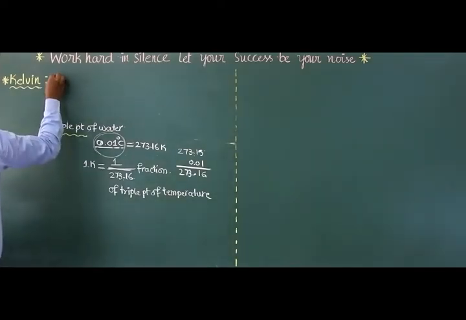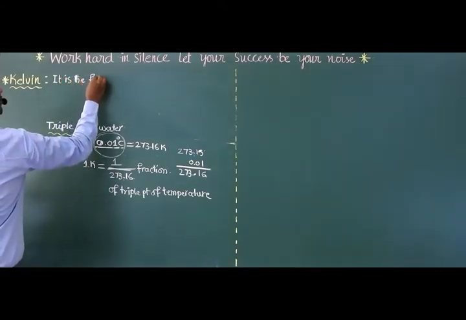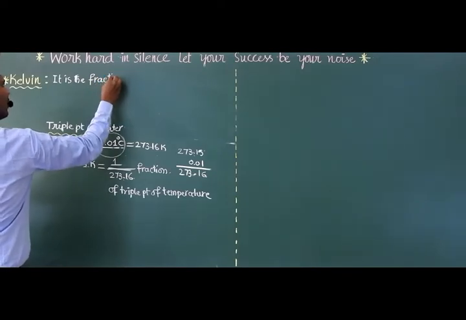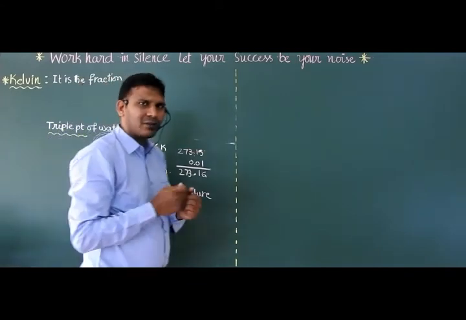Kelvin definition. It is the fraction, correct? In mathematics, 1 upon something is nothing but a fraction only.